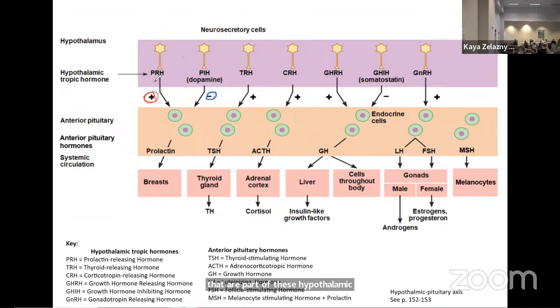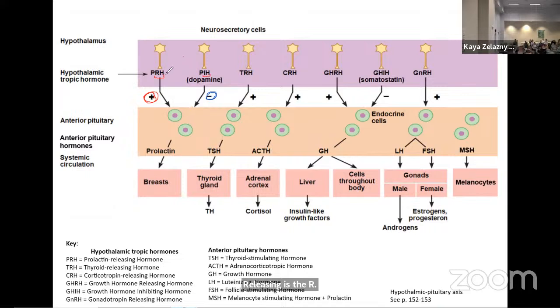Here we can see that all of these hypothalamic hormones tend to end in RH or IH. Here we have our prolactin releasing hormone. That's what the RH is for: prolactin is the P, releasing is the R, H is hormone.